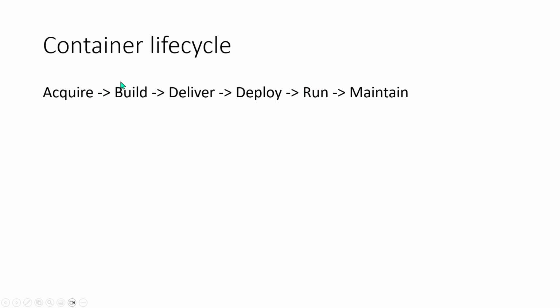So there is a connection between run and acquire, because by default your system will not have the container image, the Docker container image or whatever the open container image. Which means it needs to go and fetch it from the Docker inventory. As we're using Docker, we will be fetching it from the Docker inventory.